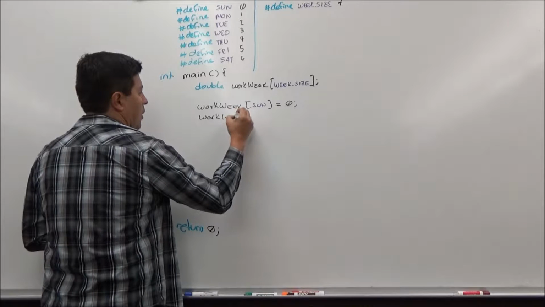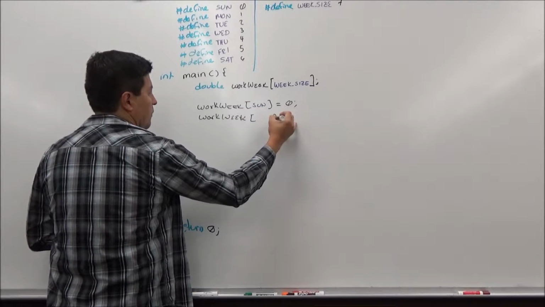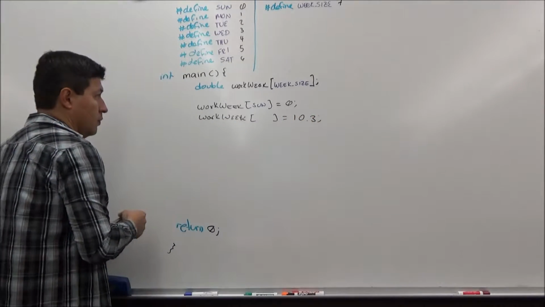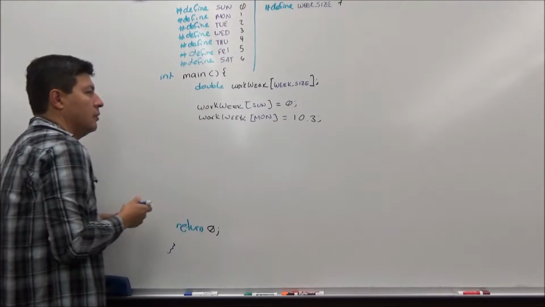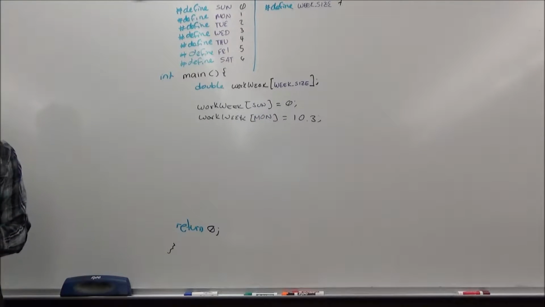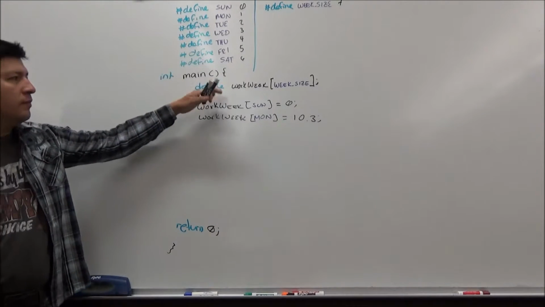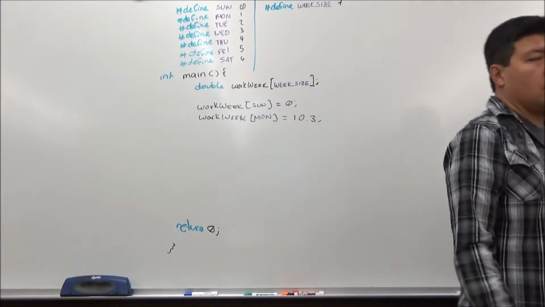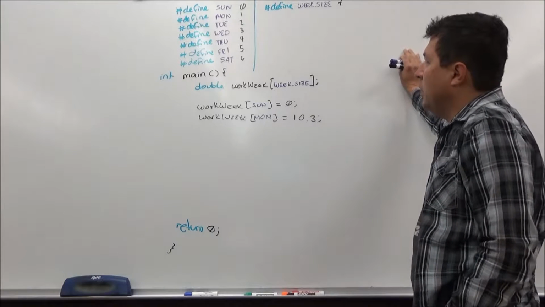But yesterday, they made me work for like, I don't know, 10.3 hours. I hate Mondays. And so on, right? So you could use a constant to indicate the days of the week.